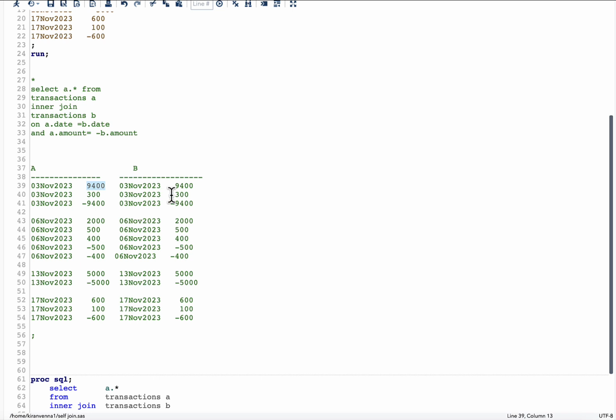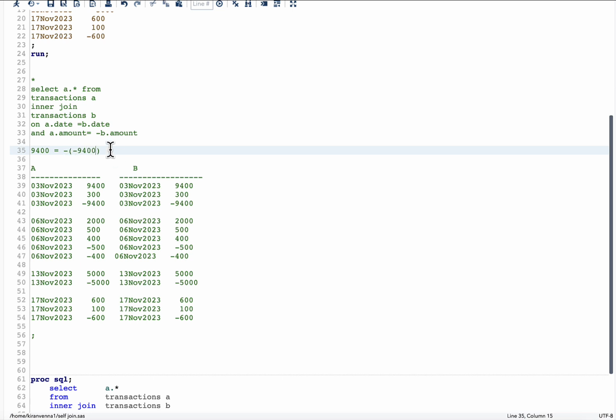And then here we have 03 November 2023 and the value is 300. So 9400 is not equal to minus 300. So that is not comparable. And in here we have 9400 equal to minus 9400. So what happens in here is 9400 is equal to minus, because we have minus in here, of minus 9400.